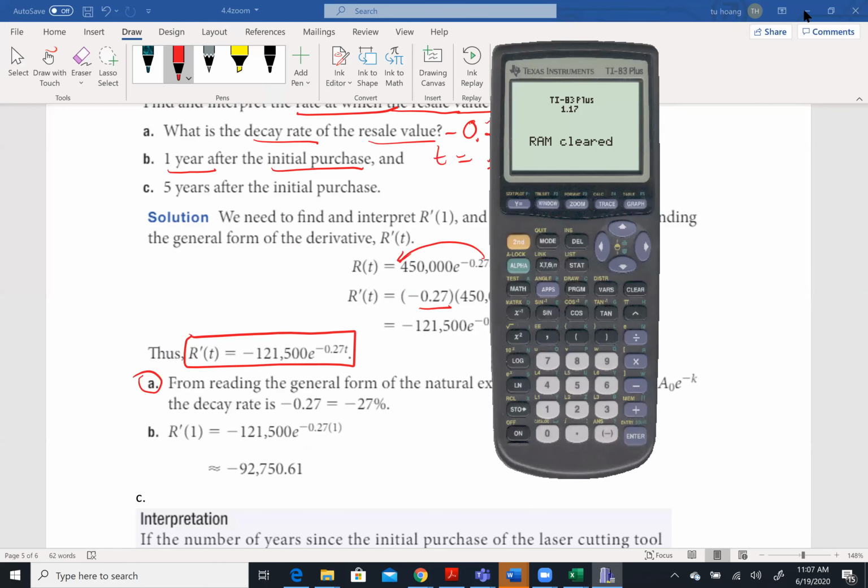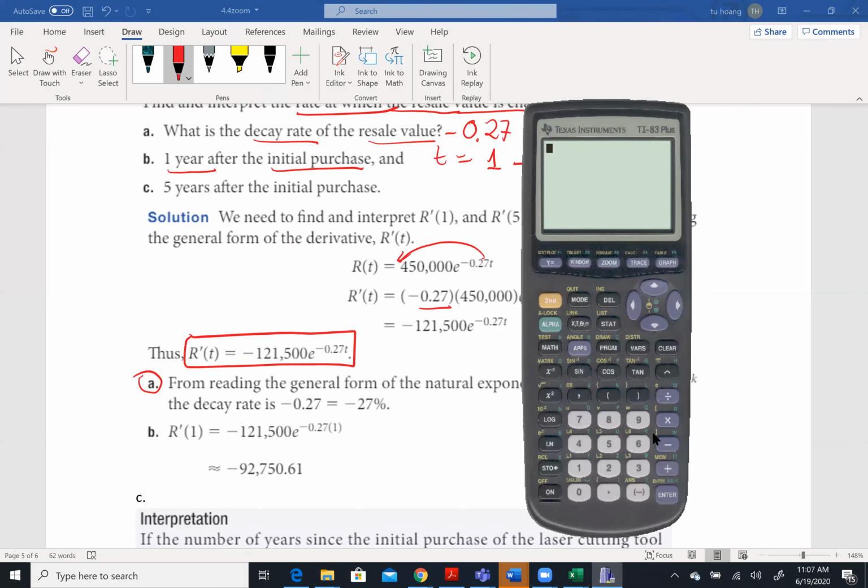Okay, now you have, clear this, and negative 121,500 times e to the power, negative 0.27 times 1.